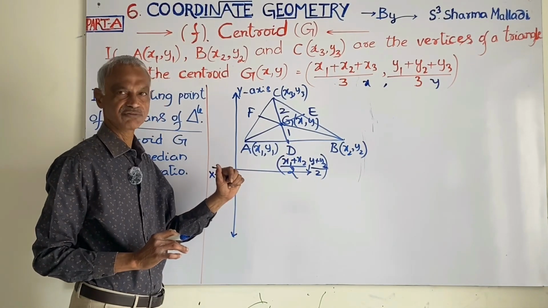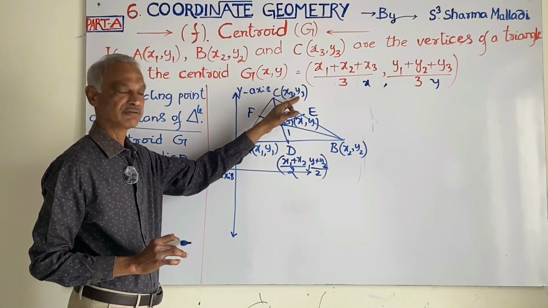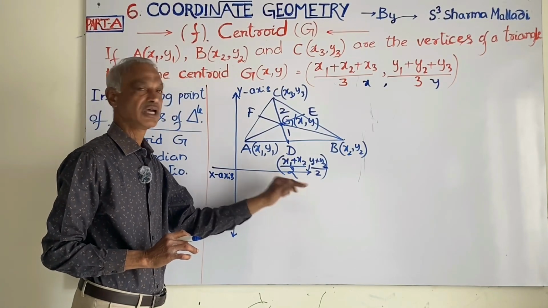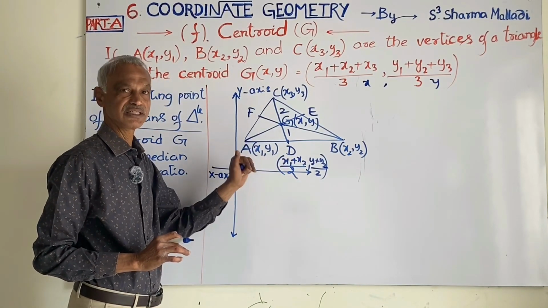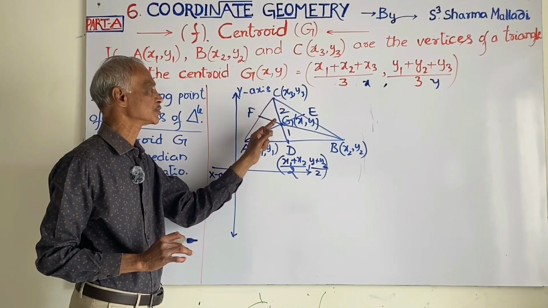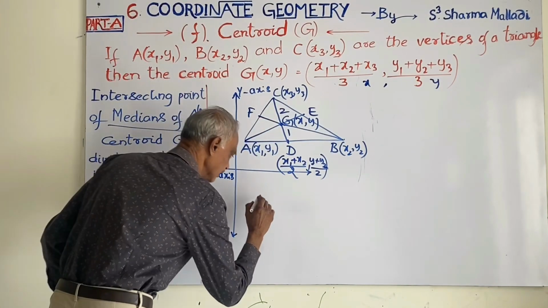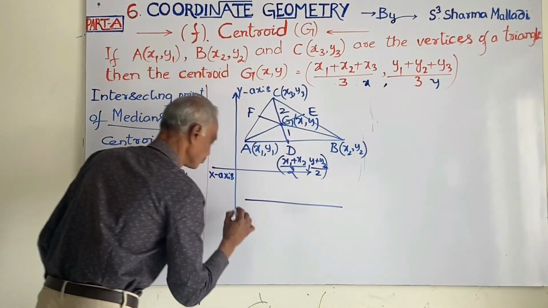We have to use the section formula. See, this is x1 y1 and this is x2 y2, and this median is divided by the centroid in 2:1 ratio. I will take it here so that you can understand very easily.